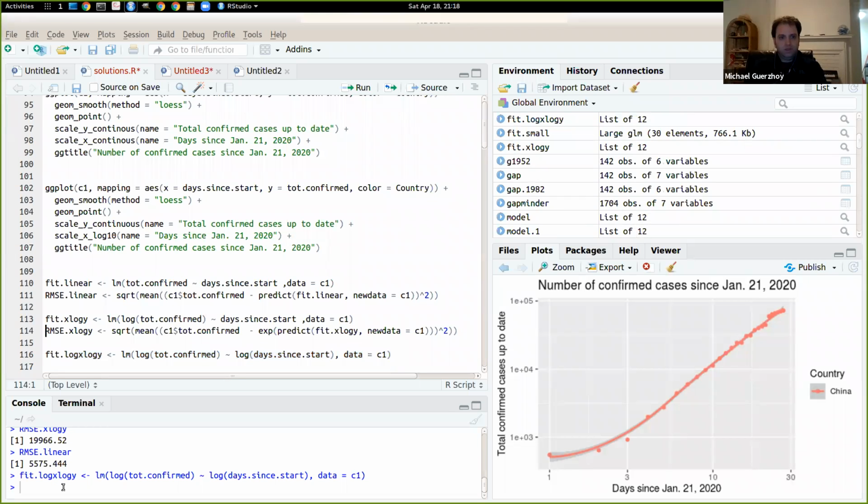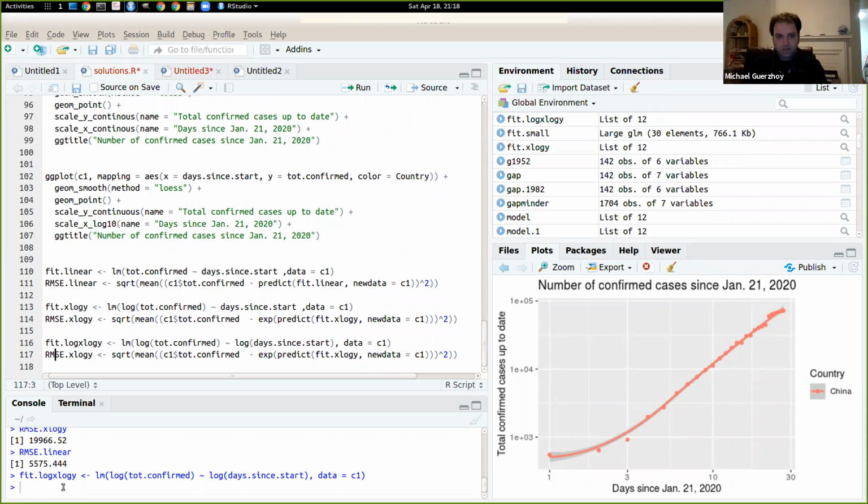So I'll just copy this. So it's going to be log x log y. So square root of mean C1 total confirmed.